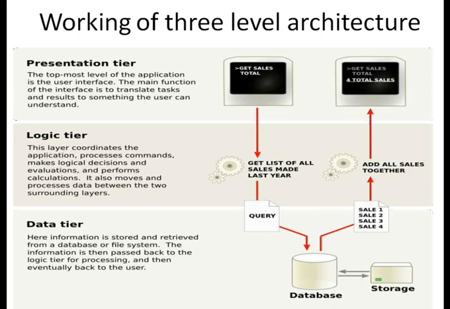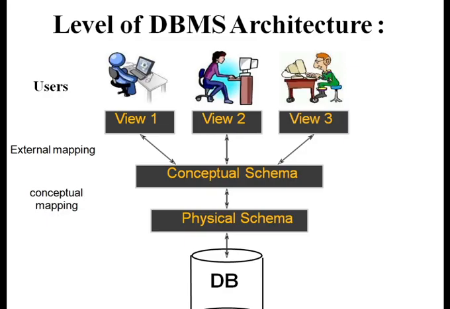Here the information is stored and retrieved from the database or file system. The information is then passed back to the logical tier for processing. Again processing is done at the logical tier, and then it is eventually sent back to the user as output. So this is the level of DBMS architecture.